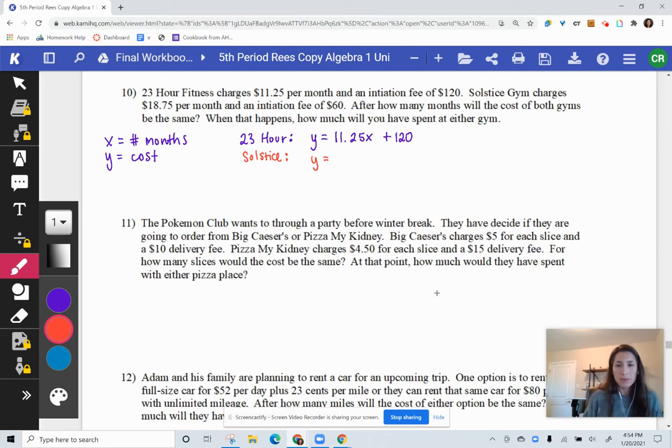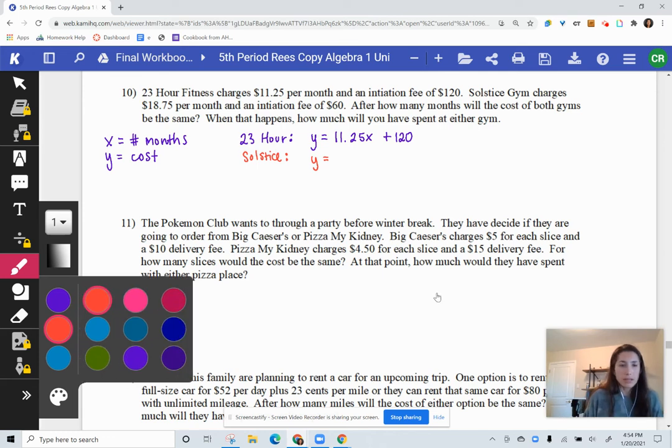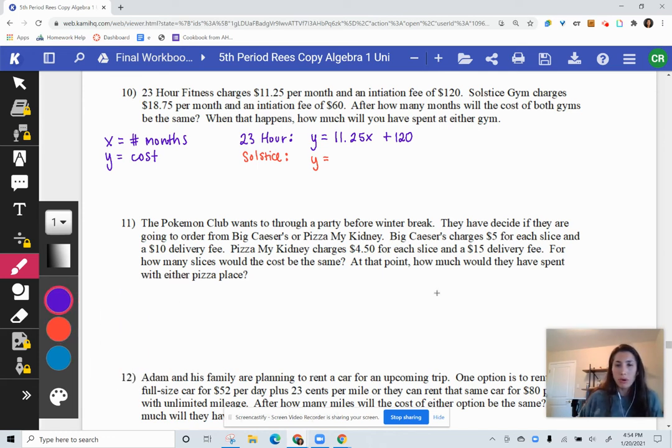And the last one I'll give you some guidance on, at least in terms of the variables here. We've got a Pokemon Club. They're going to order from Big Caesars or Pizza My Kidney. So we have a charge for each slice and a delivery fee for both of these companies.